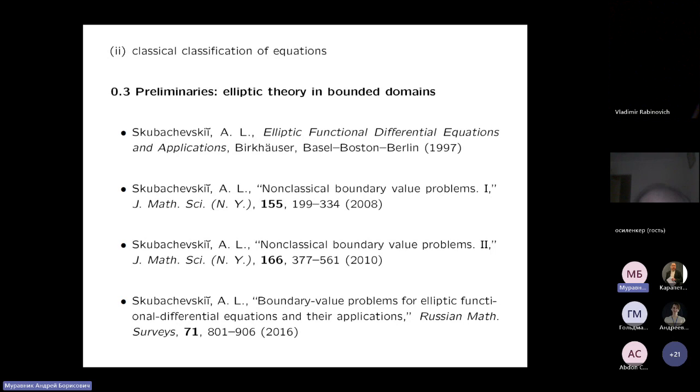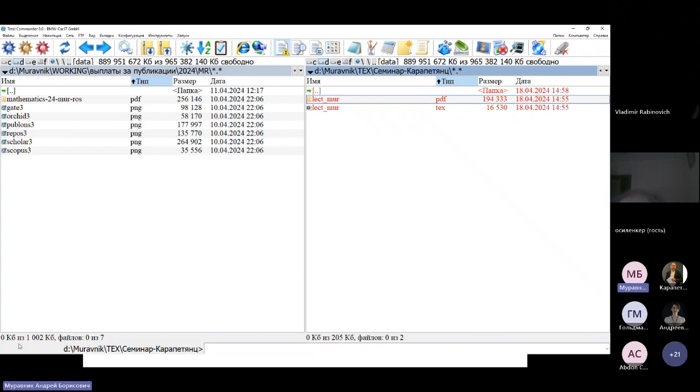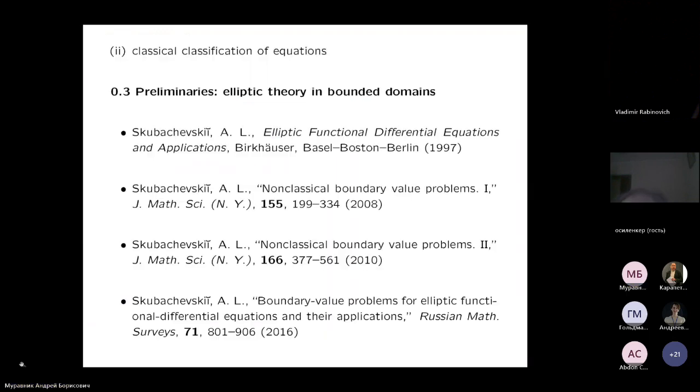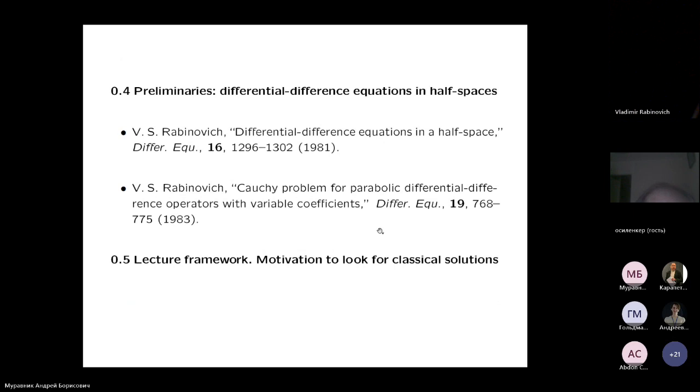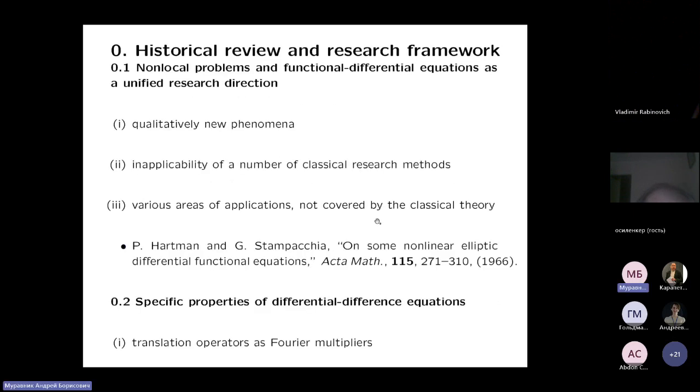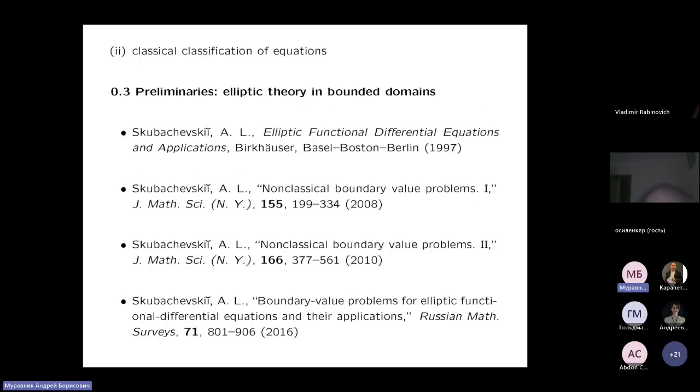And then we can introduce parabolic and hyperbolic equations, for example, as follows.